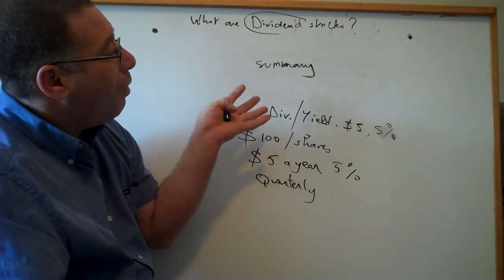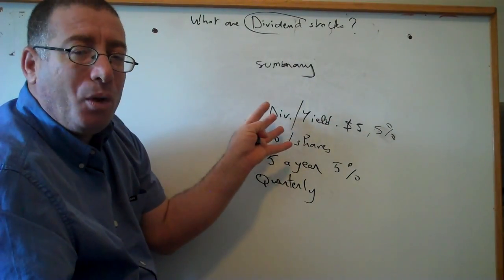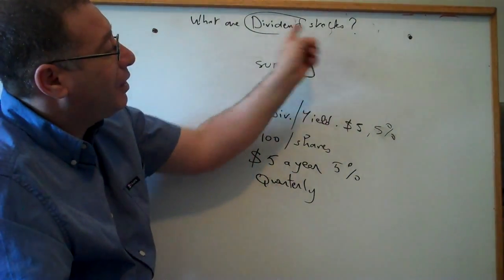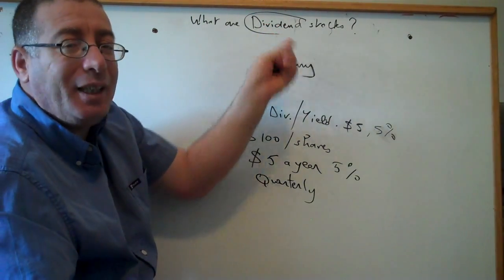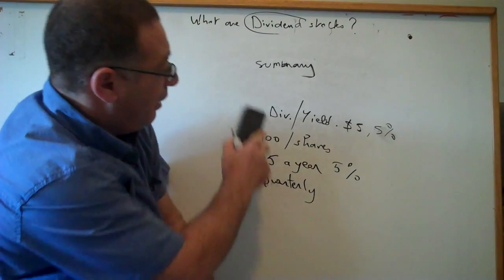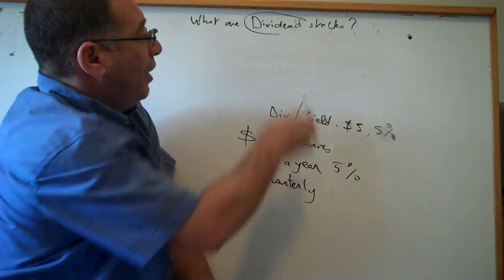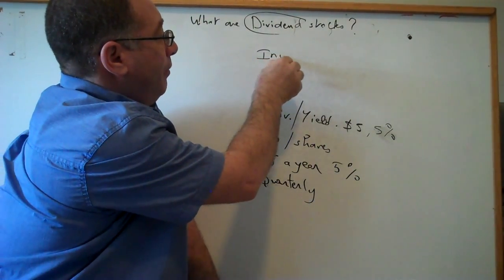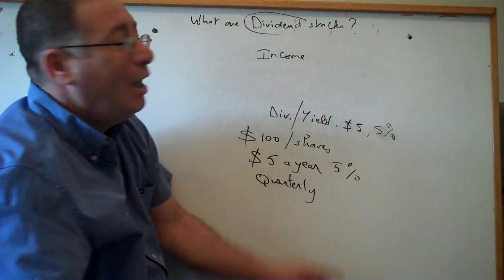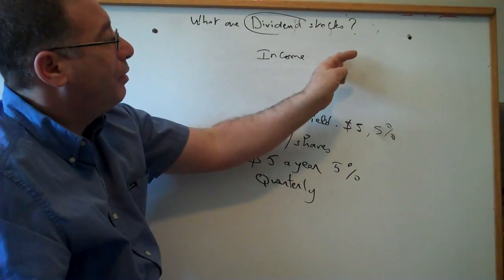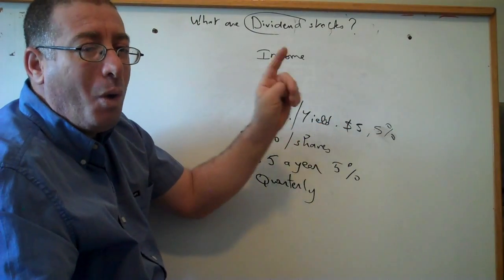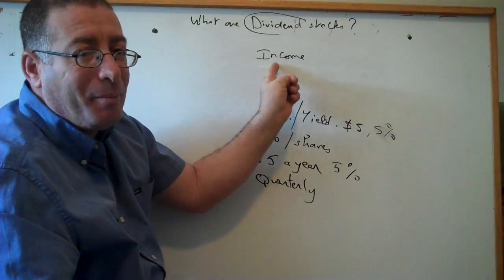Now, why do people buy these dividend stocks? They buy them because of the dividend. It's like an income. They are not interested in whether the stock goes up or goes down. What interests them is the income.